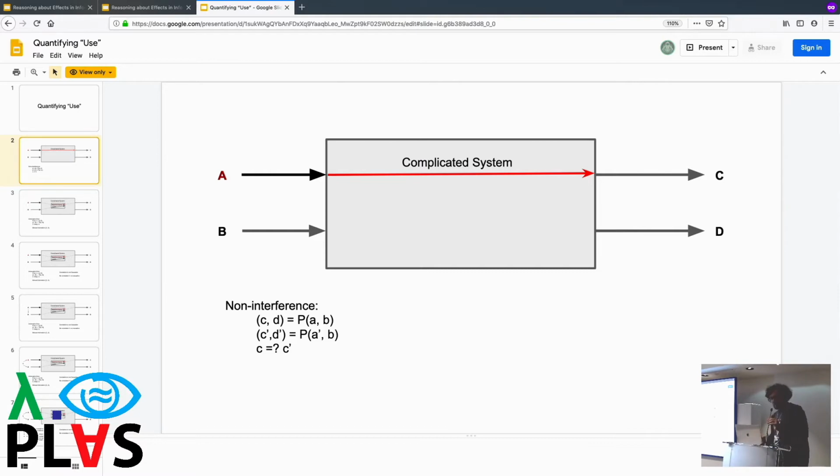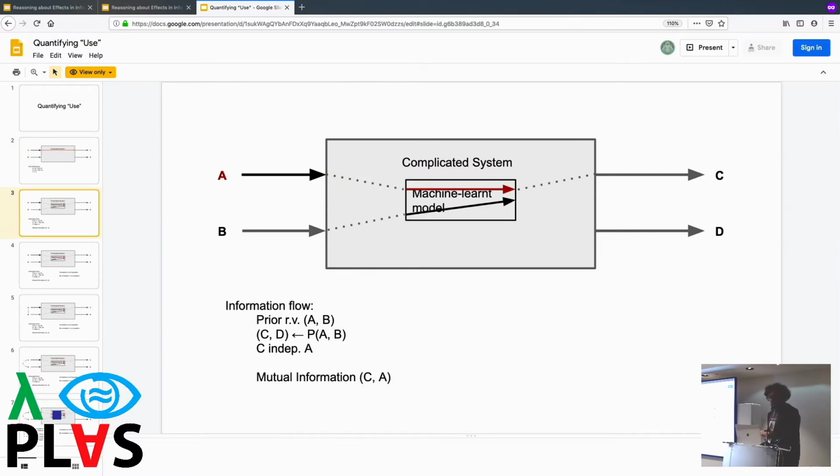So non-interference captures what I'd want to describe by this notion of usage, but it's not always capturing that.